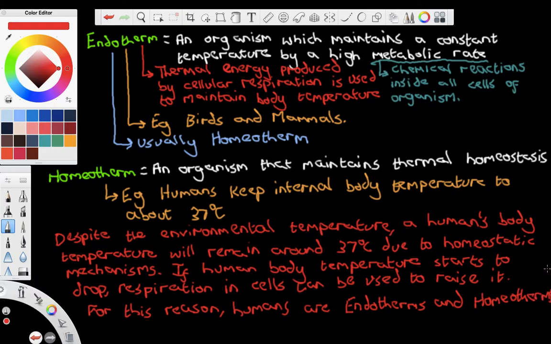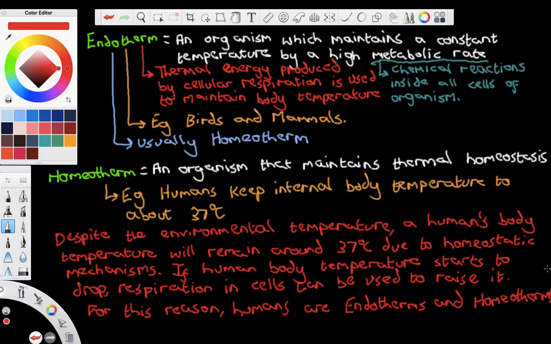Okay? So an endotherm is an organism which maintains a constant temperature by a high metabolic rate. Metabolic rate is the chemical reactions that take place in the cells of an organism. And thermal energy is produced by cellular respiration, which is used to maintain body temperature. Examples of endotherms include birds and mammals, and endotherms are usually homeotherms. So a homeotherm is an organism that maintains thermal homeostasis.